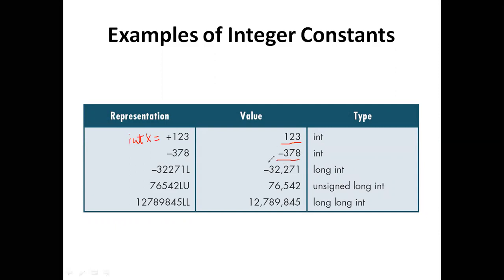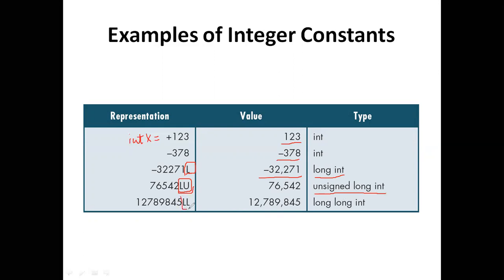If the constant value has an L at the end, then the value is of type long int. If you indicate the suffix for unsigned, it is called unsigned long int.